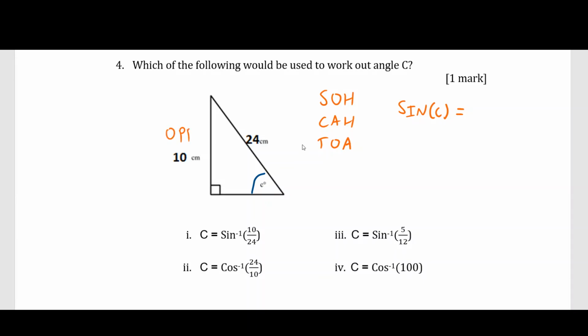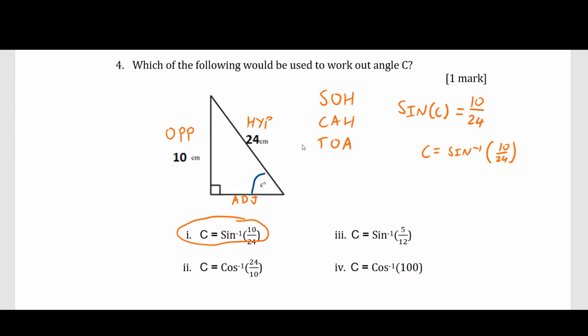So this is the opposite. This is the hypotenuse. That's the adjacent. The opposite is 10 over 24. And C is going to equal sine to the -1, 10 over 24. And look, that's this answer here, the first one.